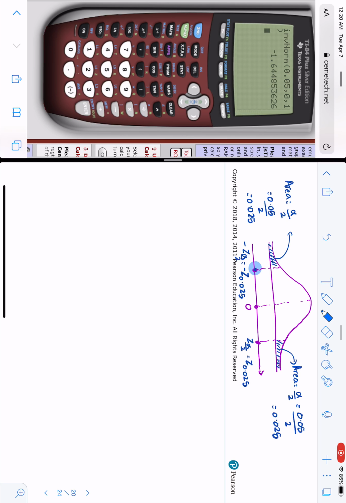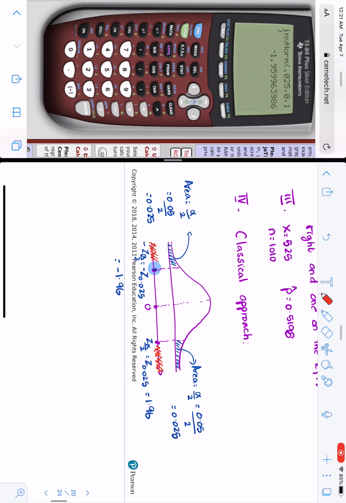And that gives me a value of negative 1.96. If that value below 0 is negative 1.96, naturally that is going to be positive 1.96. So the rejection region is right over there and there.